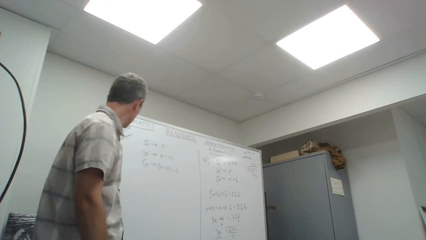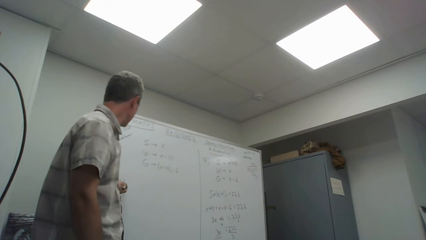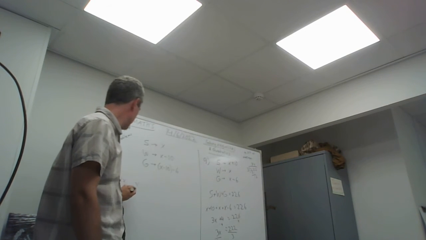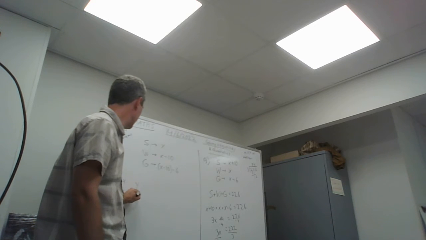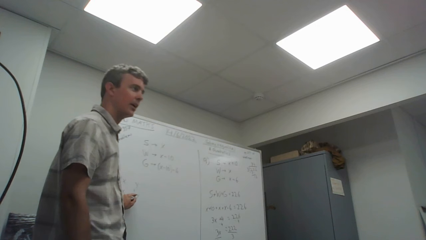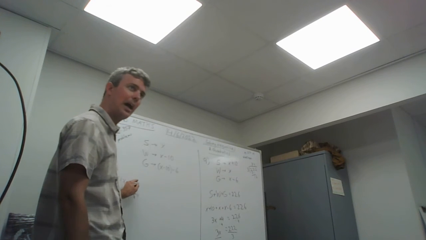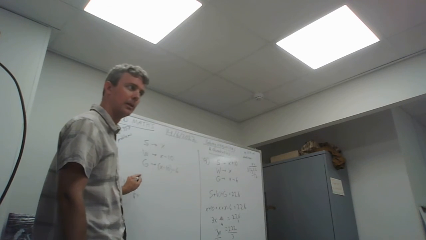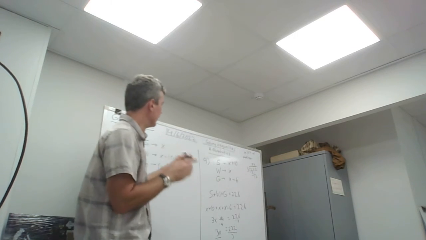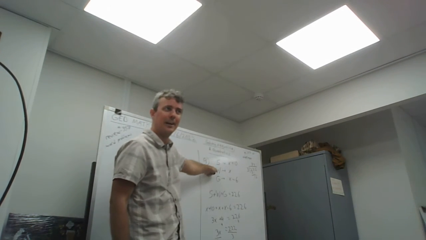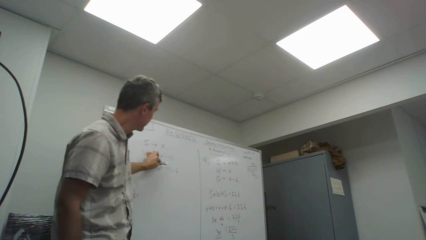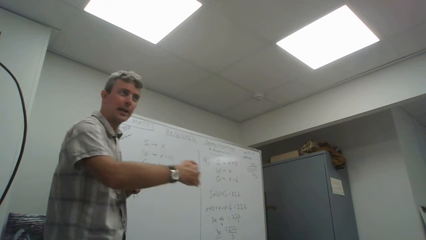Like for some of those others, where I said it was 4x and x, if you chose this one to be y, that's fine, but then this one has to be 1 over 4y, because this is 4 times this one. You can choose any of these to be the variable. You just have to make sure the others are related to them correctly.